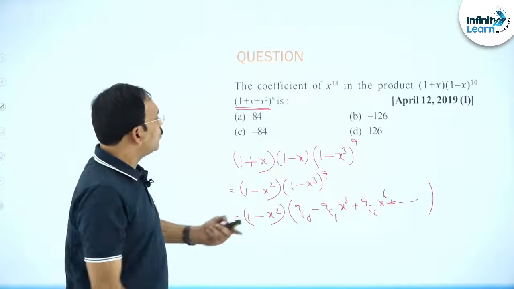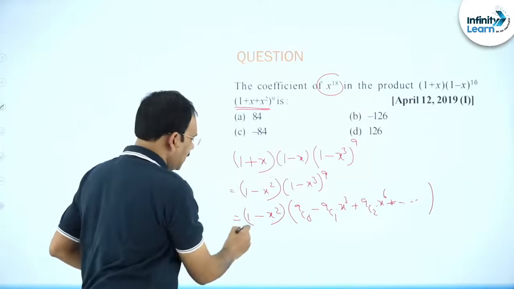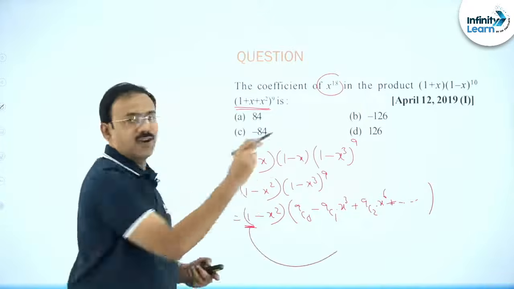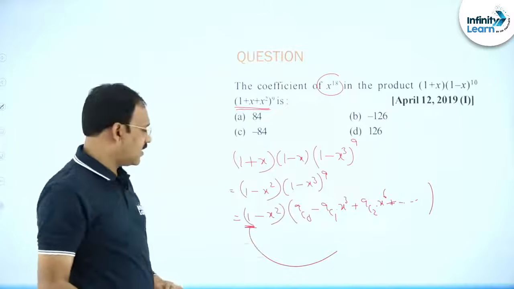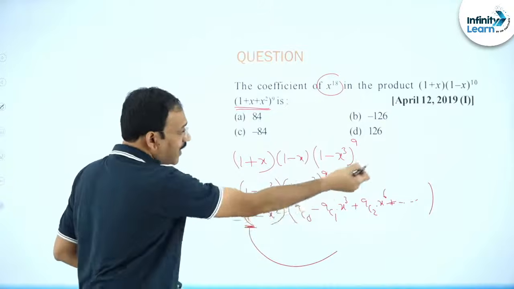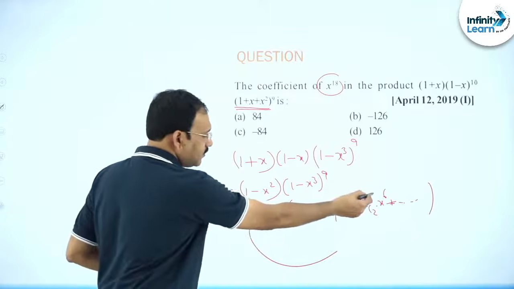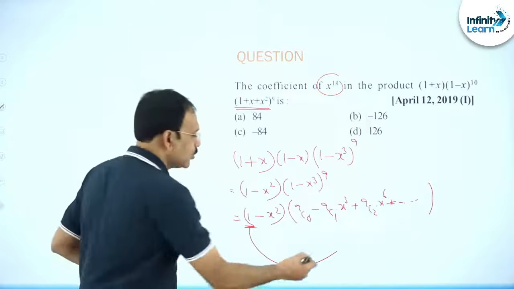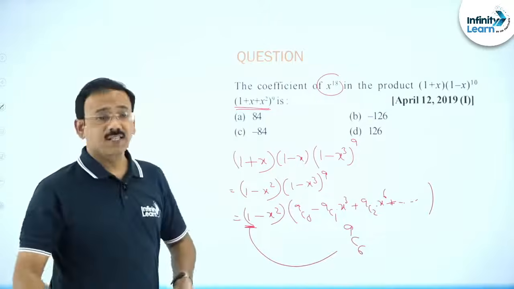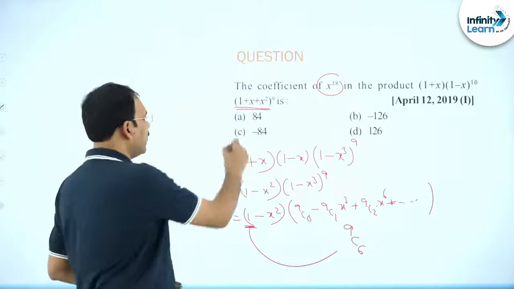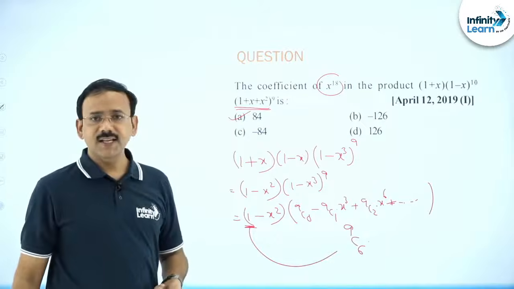Now of these, you just want x power 18, that means constant into x power 18. X square into a multiple of 3 you will not get x power 18. So what can you say? The x power 18 coefficient means x cube power 6. So I can say 9c6 is going to be the answer, which is 9c3, which is 84, isn't it?